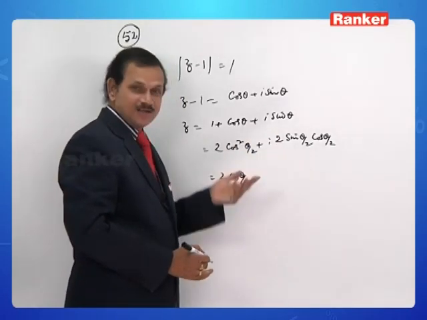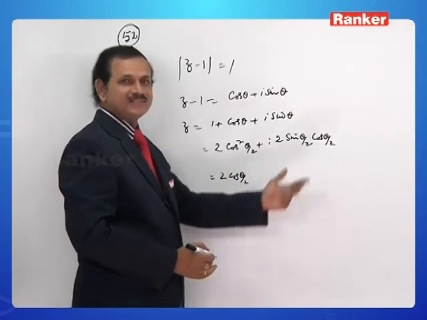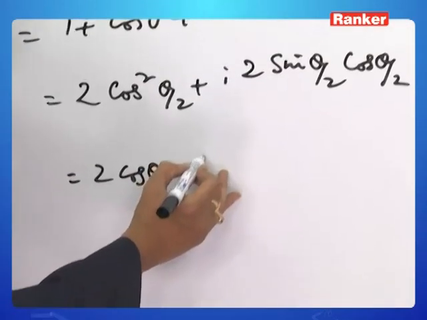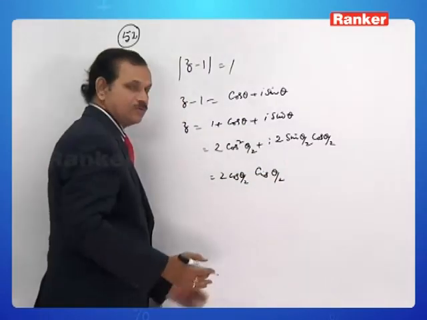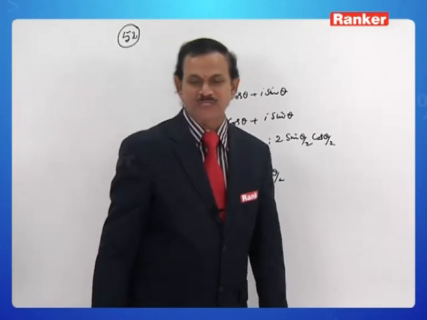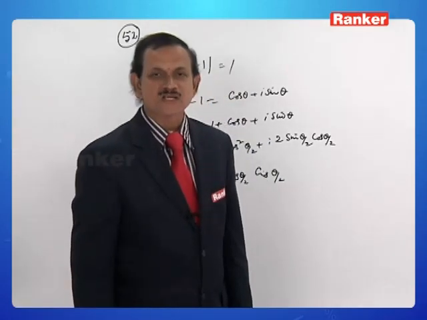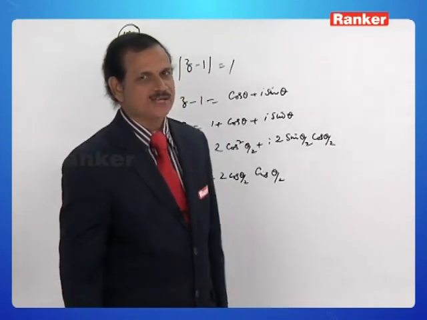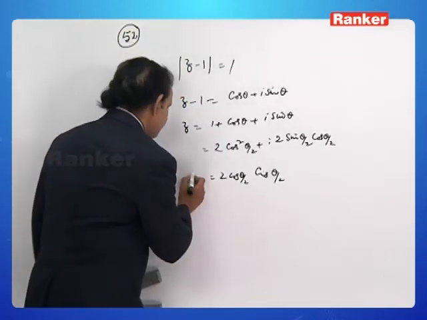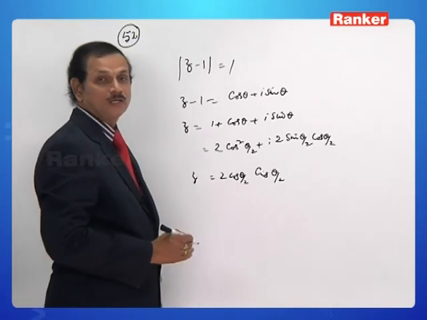Cos(θ/2) + i sin(θ/2), I would like to write as cis(θ/2), with our usual symbolism in complex numbers. So z = 2 cos(θ/2) cis(θ/2).